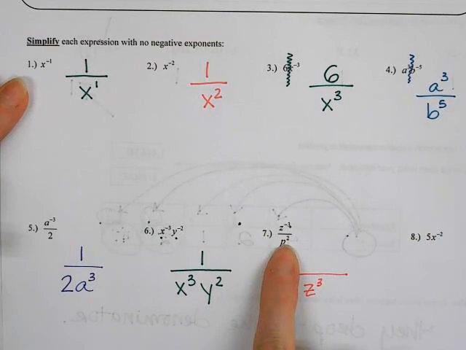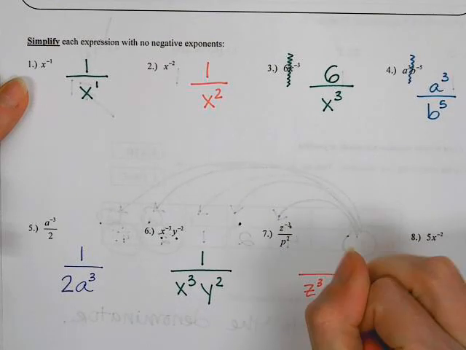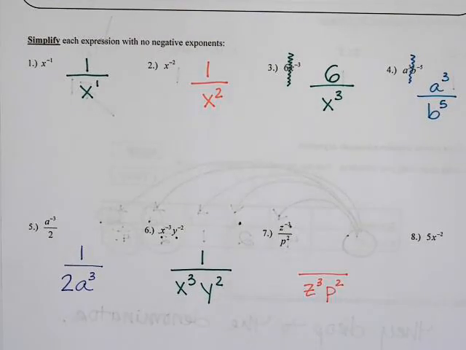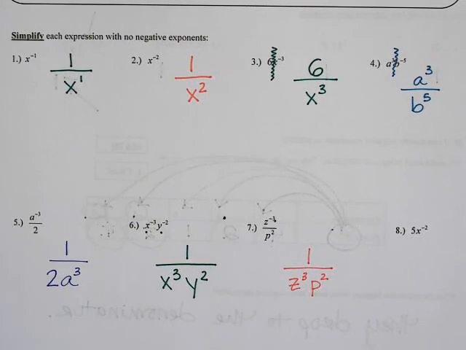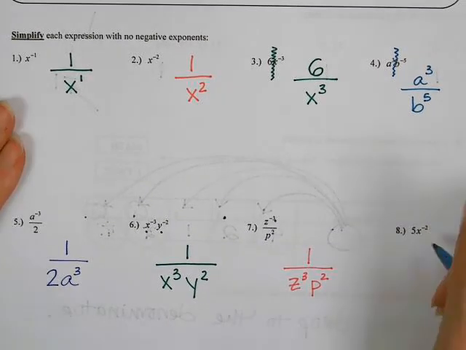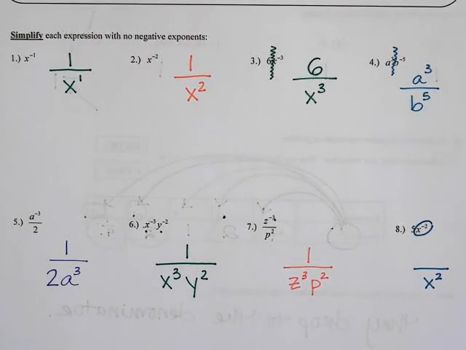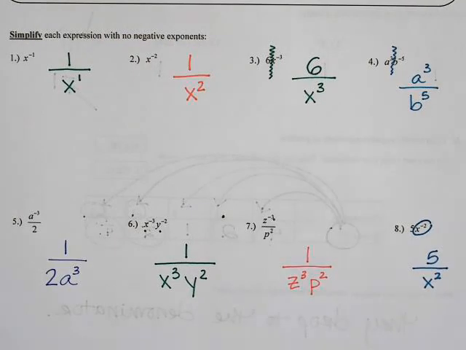And notice there's also a p already down there, so it's going to stay put. And then since everything's now down, we need a 1. All right, last one, guys. If you have a base with a negative exponent, we need to drop it and it becomes positive. But the 5 is all good, so the 5 gets to stay on top. All right, guys, that's negative exponent rules day 1.